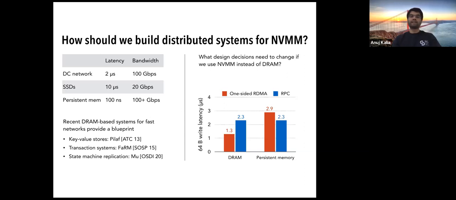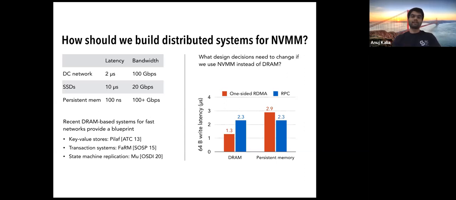This includes many key value stores, many transaction processing systems, and several state machine replication systems. A specific question that we address in our paper is this: what design decisions made by these aforementioned systems need to change if we modify them to use durable, persistent memory instead of DRAM?